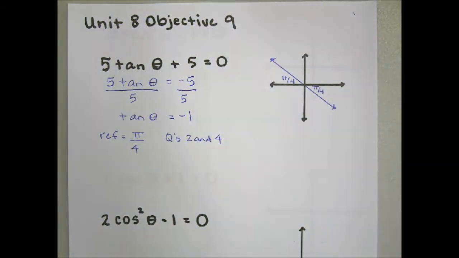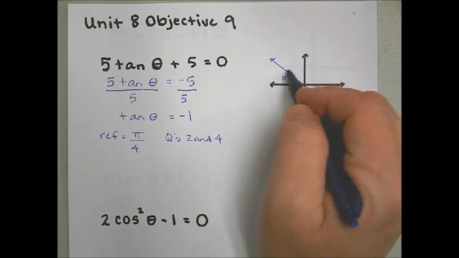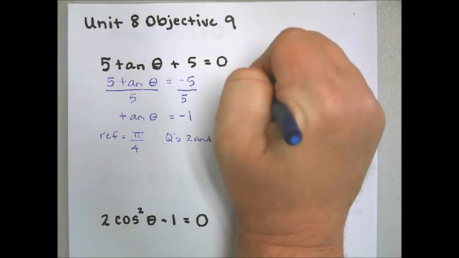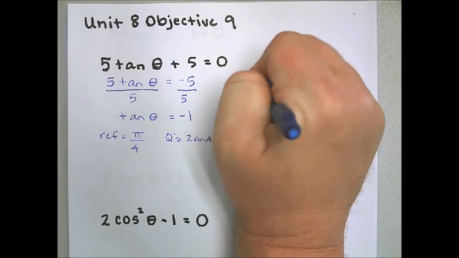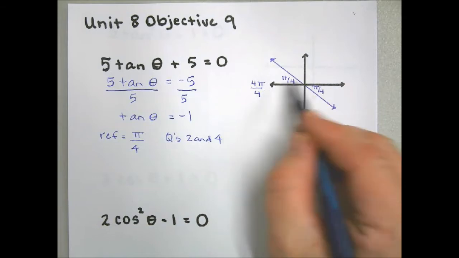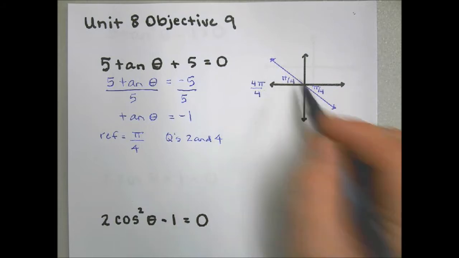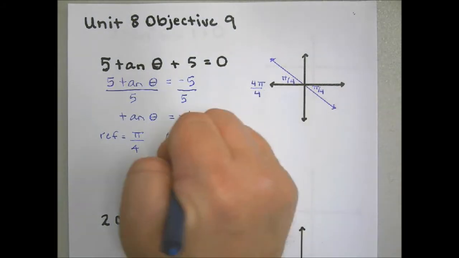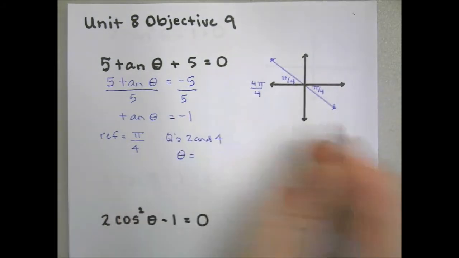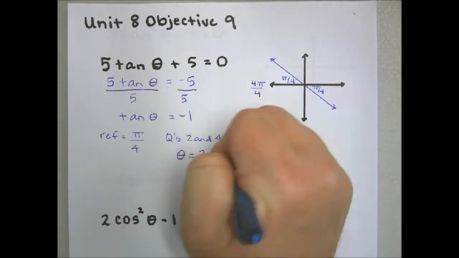So what are those real angles? Well, if you go all the way over, this would be 4 pi over 4, because 180 degrees is the same thing as 1 pi, but we didn't quite get there, so 4 pi over 4 minus 1 pi over 4 is 3 pi over 4. So one of my answers is 3 pi over 4.